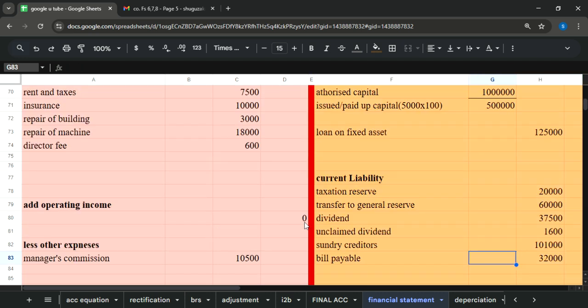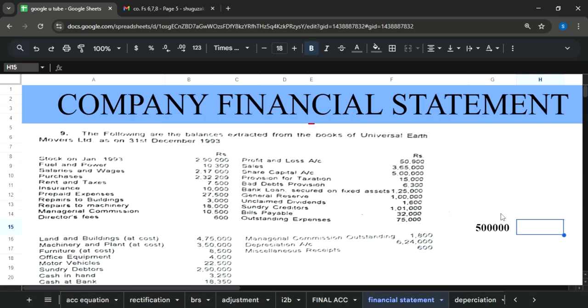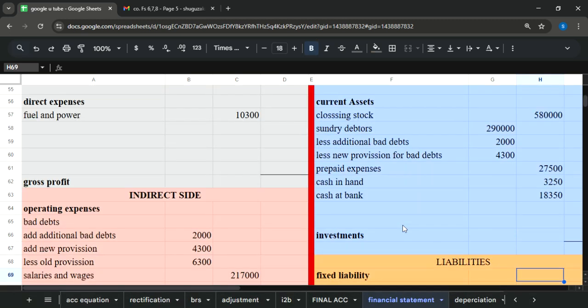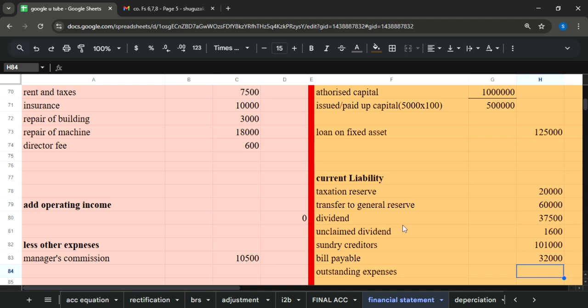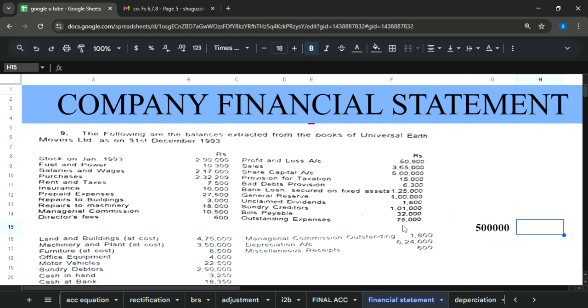So here choose your liability side, expenses. So guys, you have seen that outstanding is part of current liability and you will be writing it only once, 75,000. No second effect is needed as the amount of outstanding expenses is present in the trial balance.